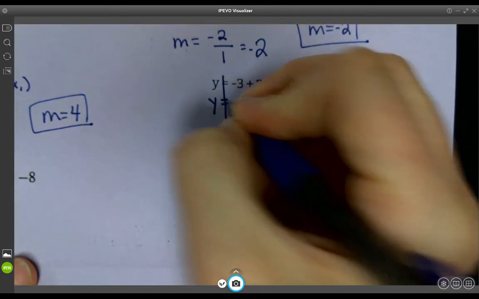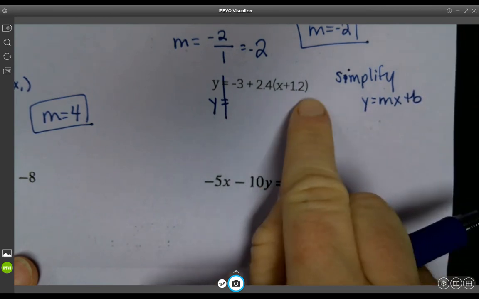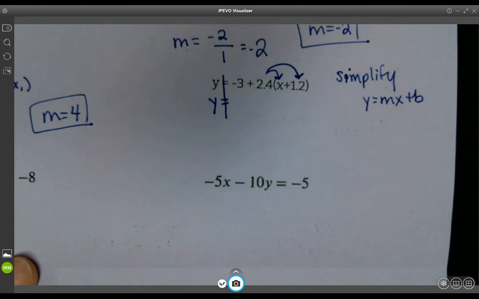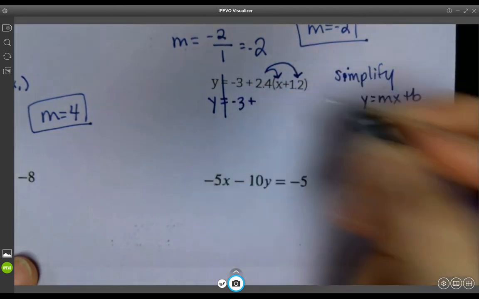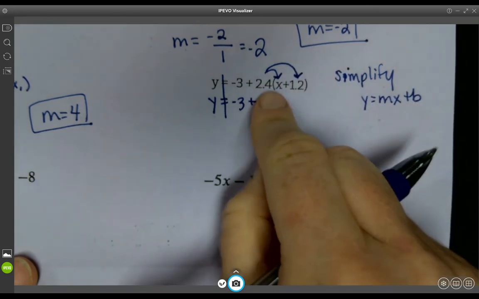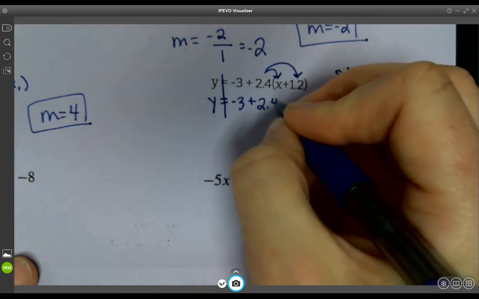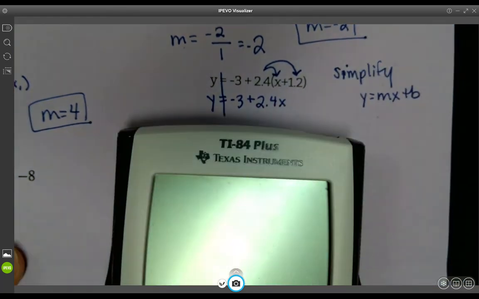So it's already y equals, but we've got to simplify. We have parentheses over here. We're going to distribute. So it's still the negative 3 plus, whenever I distribute the 2.4, I'm going to multiply it times x. And then 2.4 times 1.2.